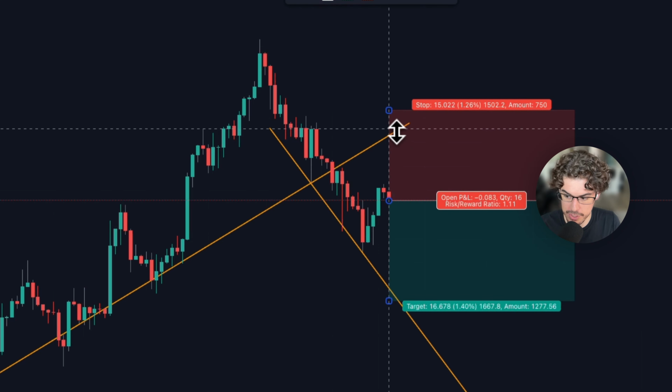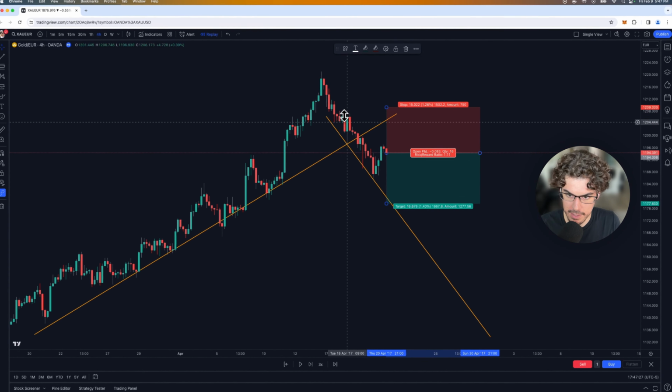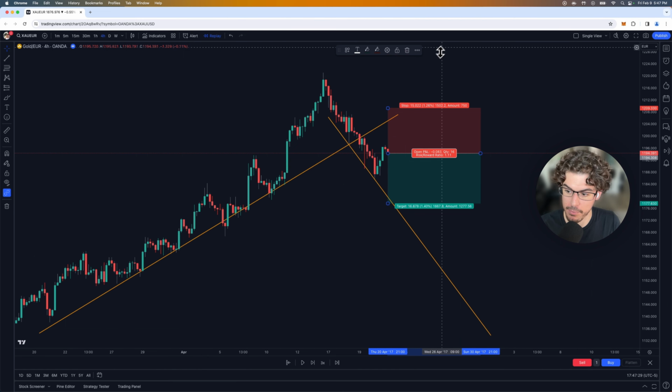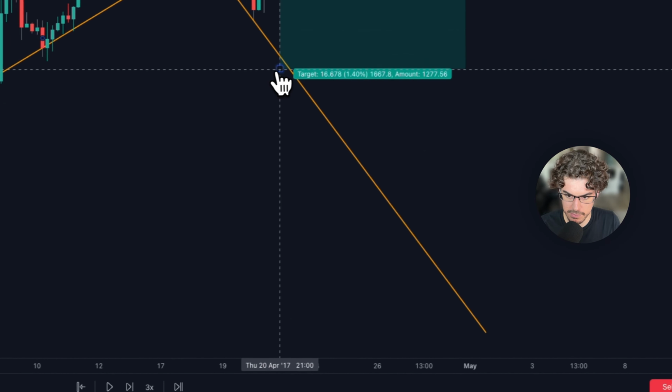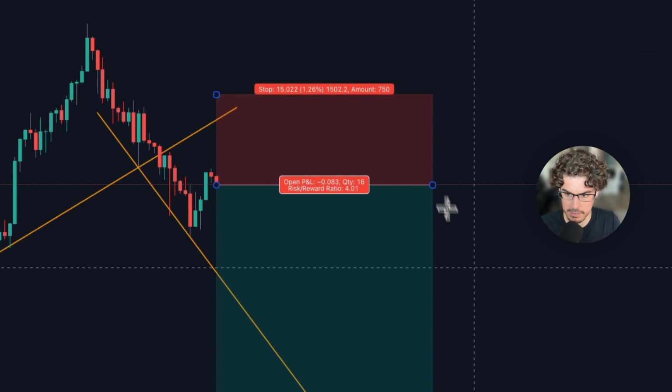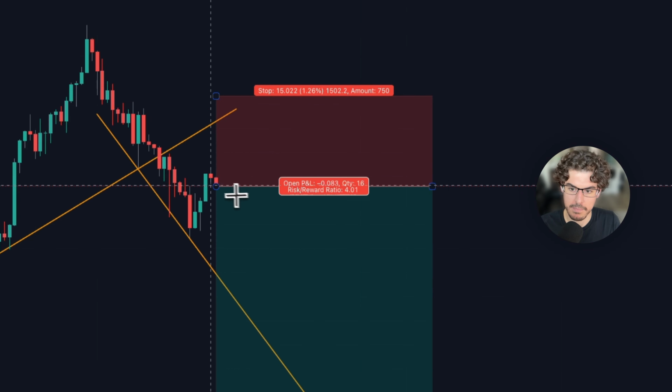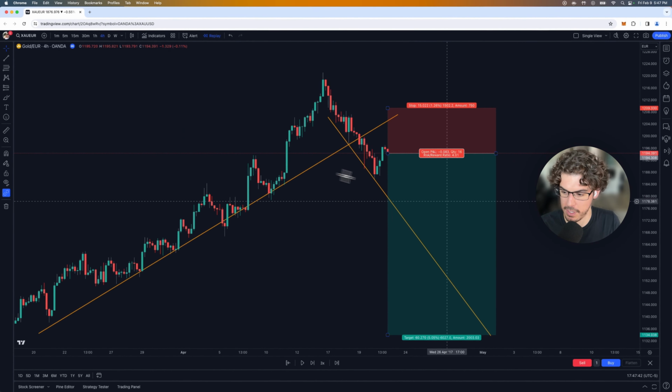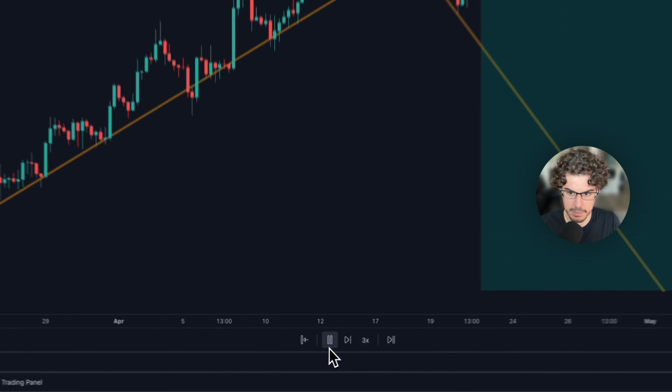If price continues moving down, it should respect this area right here instead of moving upwards. And to take profit, let's just target this low right here on the left. So it would be like this. Let me make this a little bit bigger. And let's see what happens here if we're in a downtrend. Let's hit play.